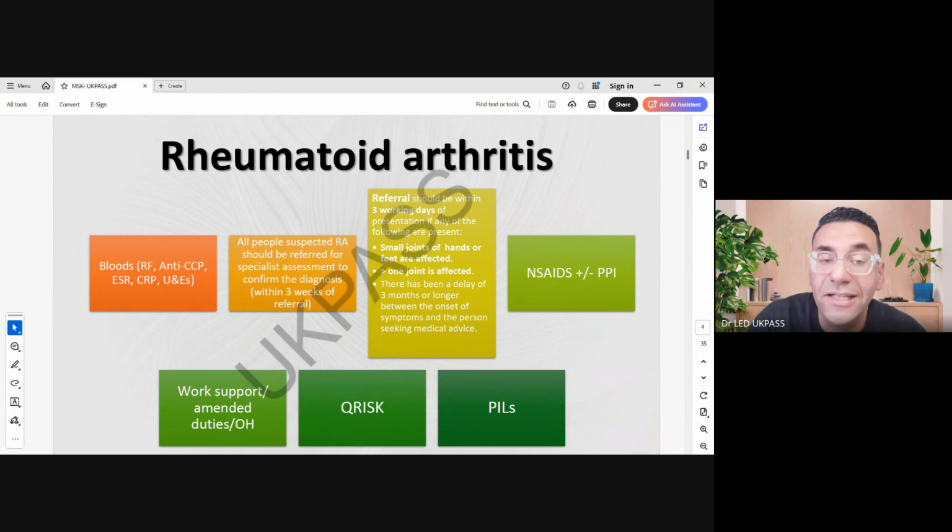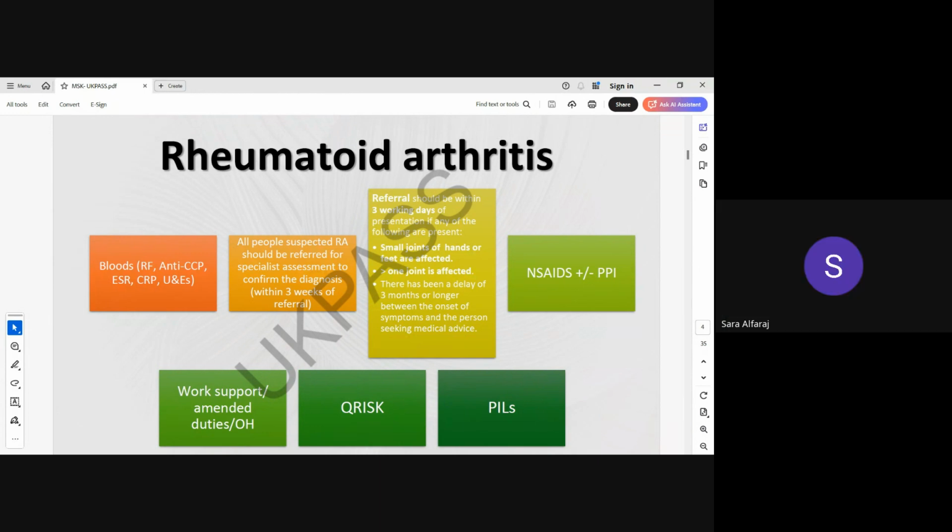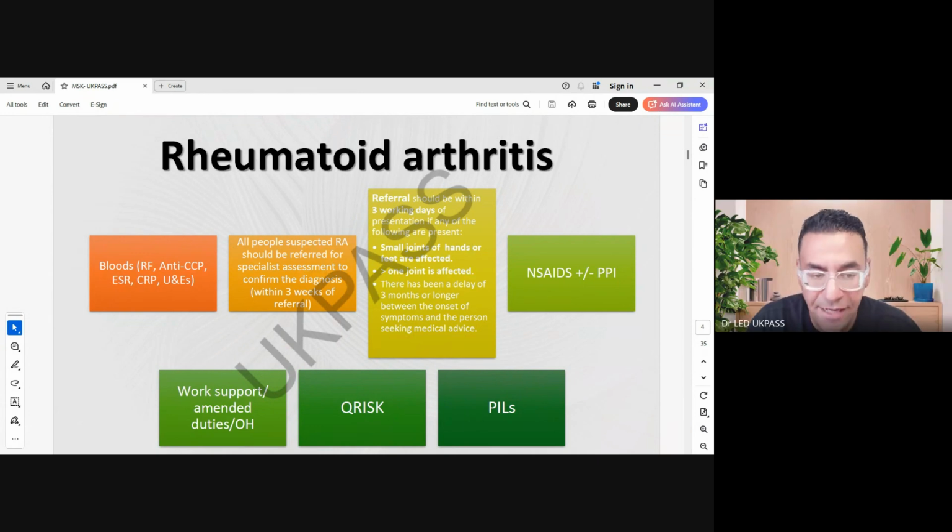So, should you be doing anti-CCP, rheumatoid factor, and then when it comes back, wait for it and then refer the patient to the specialist, or shall you refer the patient now, and while it's doing this referral, you do the blood test? Refer now. Refer now. Do the blood test at the same time.